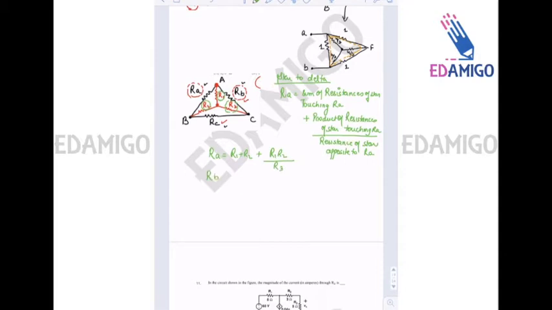Now if you look at RB, the resistances touching it are R1 and R3, so R1 R3, and the resistance opposite is R2. RC is equal to resistances touching R2 plus R3, product is R2 R3 divided by the opposite resistance R1.